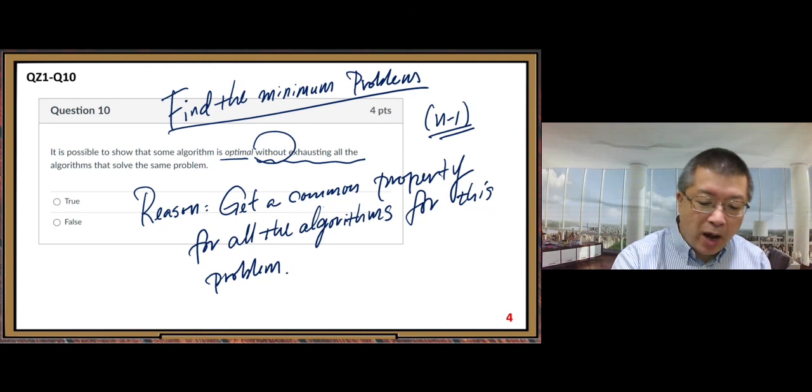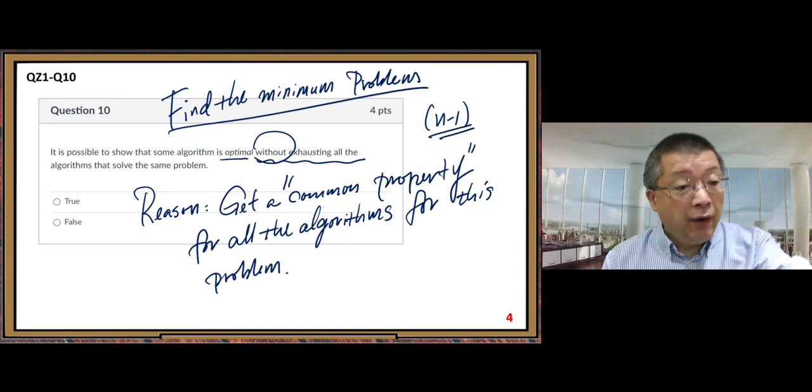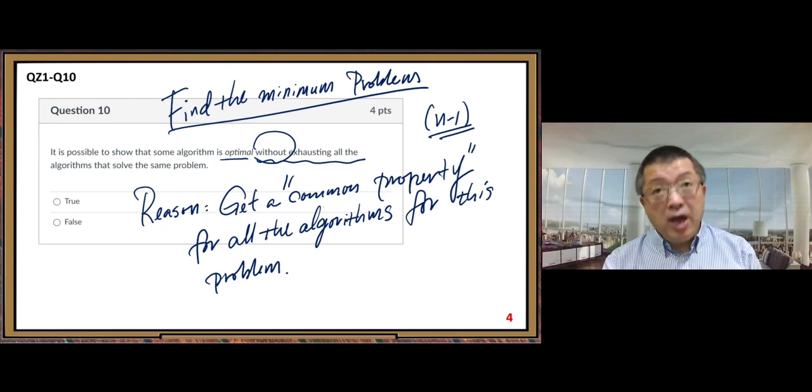We get that common property. Even if we don't know the details of those algorithms, those algorithms, known or unknown, must satisfy this property.